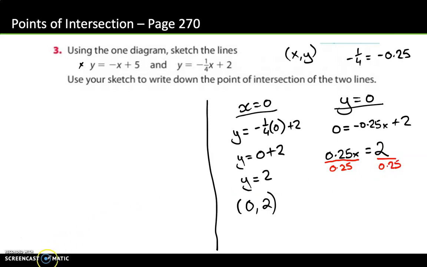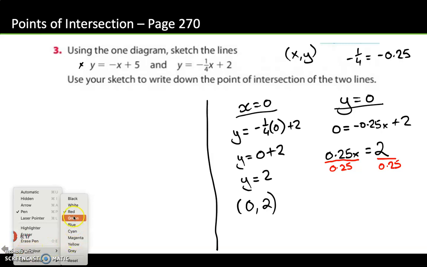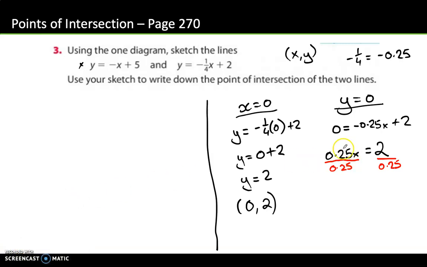So what you're going to be left with, 0.25x divided by 0.25 is actually just 1x. 2 divided by 0.25, if you do it on your calculators, is going to give you 8. So this gives me the point 8, 0, because x equals 8 and y equals 0.